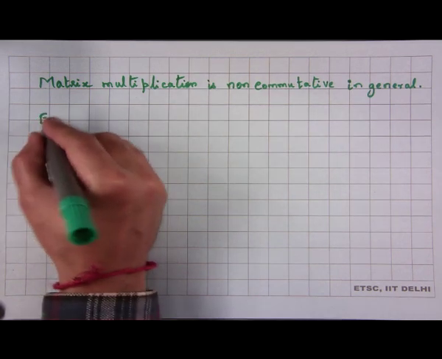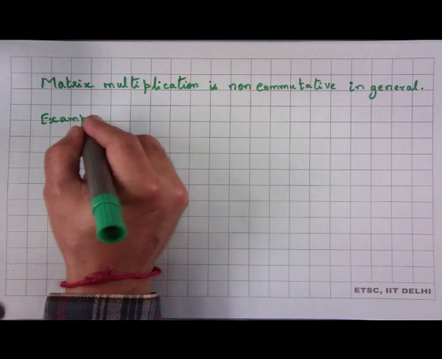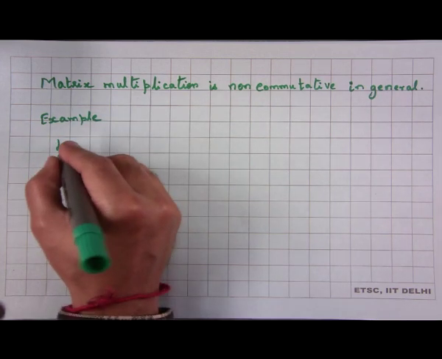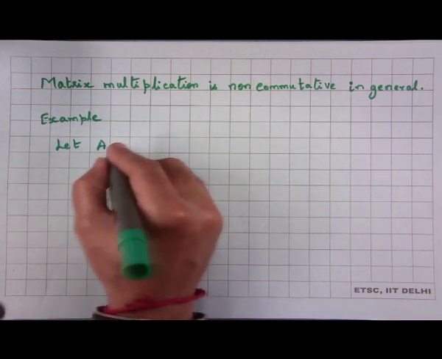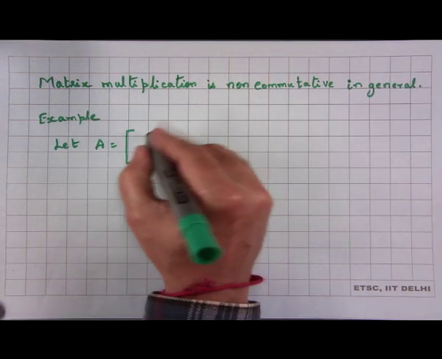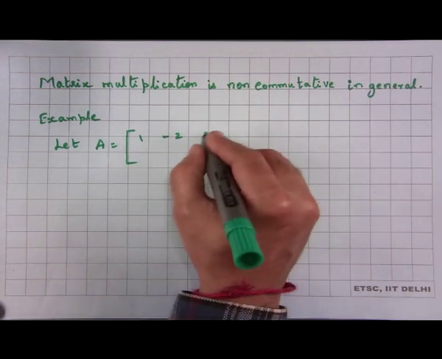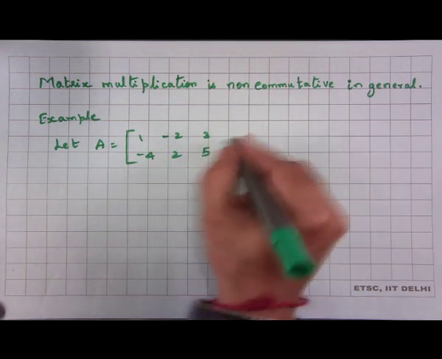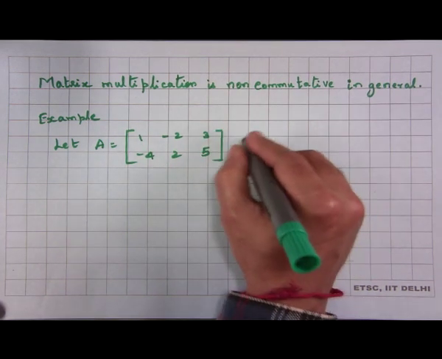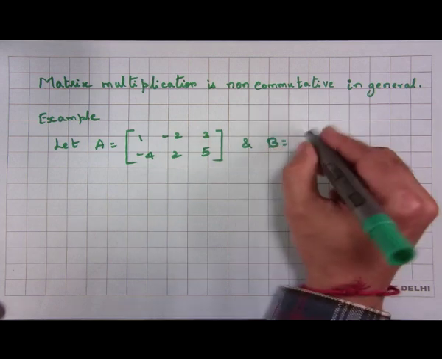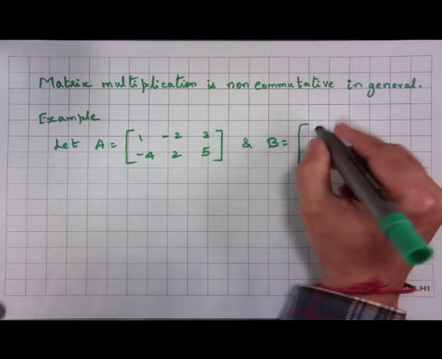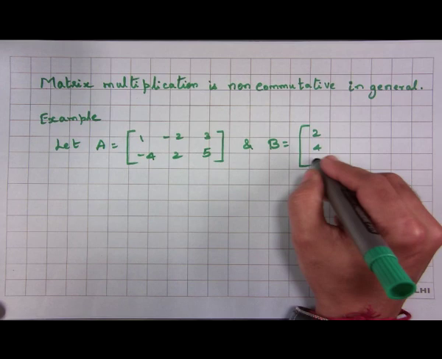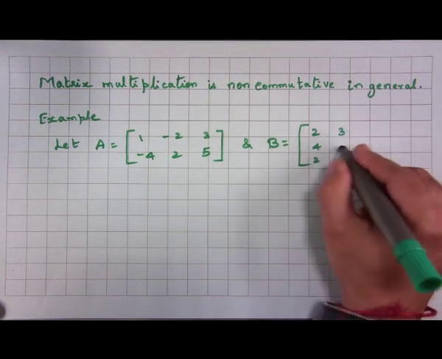Let us look at an example for this. Let A equal to 1, minus 2, 3, minus 4, 2, 5 and B equal to 2, 4, 2, 3, 5, 1.